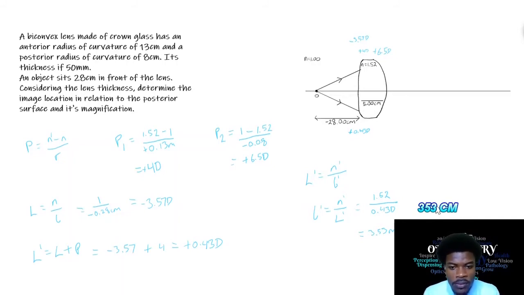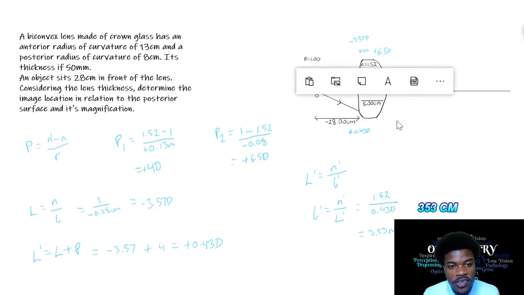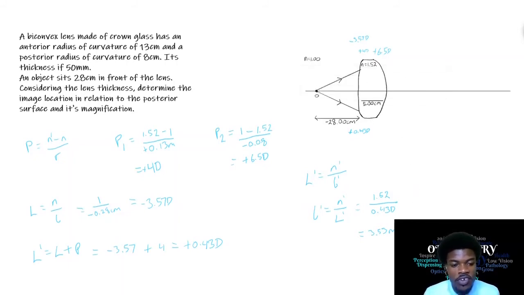But what I want you to remember here is what I was talking about, the virtual object. So this is actually a virtual object. The virtual object is the image formed by the anterior surface. So it forms this image. However, this image is never actually formed because the rays are going to pass through this posterior surface, and therefore this is just an indication of where it would form virtually. So now, guys, we have to see where it will actually form when we consider the thickness of our lens.